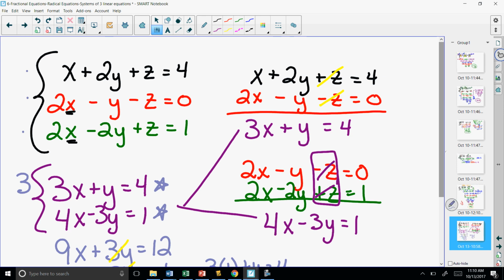But I think that's more work. So if x is 1 and y is 1, z is also going to be 1 in this case, because you get 3 plus z equals 4. So z is equal to 1.